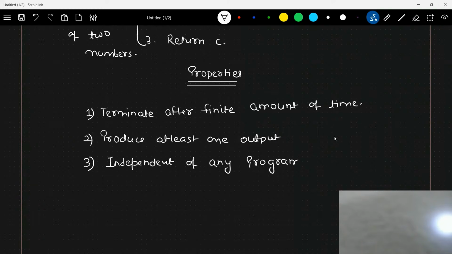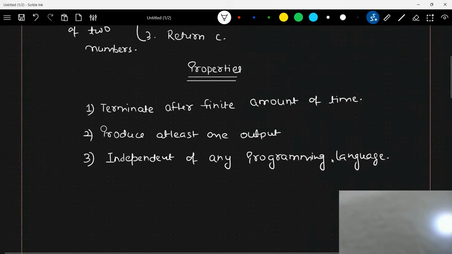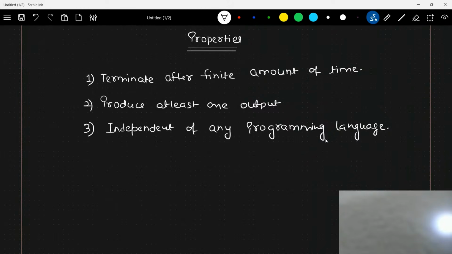Now this point is very interesting and very helpful for you all. Why? Because I have received a lot of queries from the students: which programming language should I start with to learn algorithms? What I'm saying is it is independent of any programming language. This is the property of an algorithm. It means you can start with any programming language, whatever you want. It's just the logic that you are building here. That's what I say each and every time, and in the induction session also I said the same thing. So it doesn't matter which programming language we are using here.